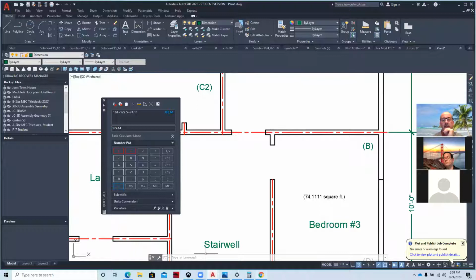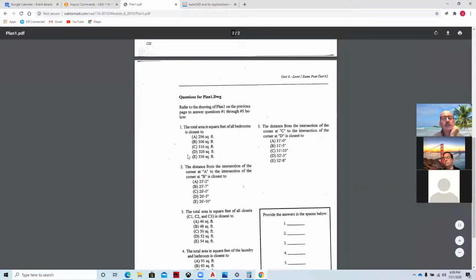If we come and take a look at the answers, 305.61 would be closest to 306. If you rounded the 0.6 up, it would be 306. So the answer would be B.